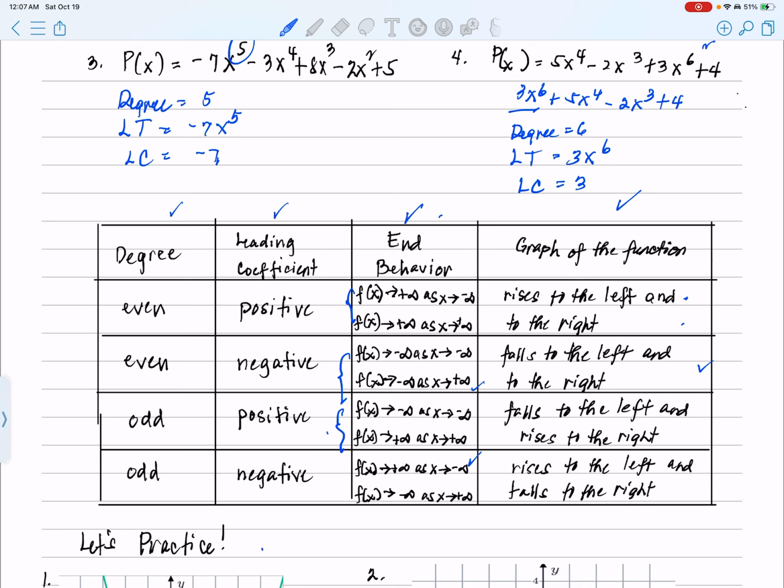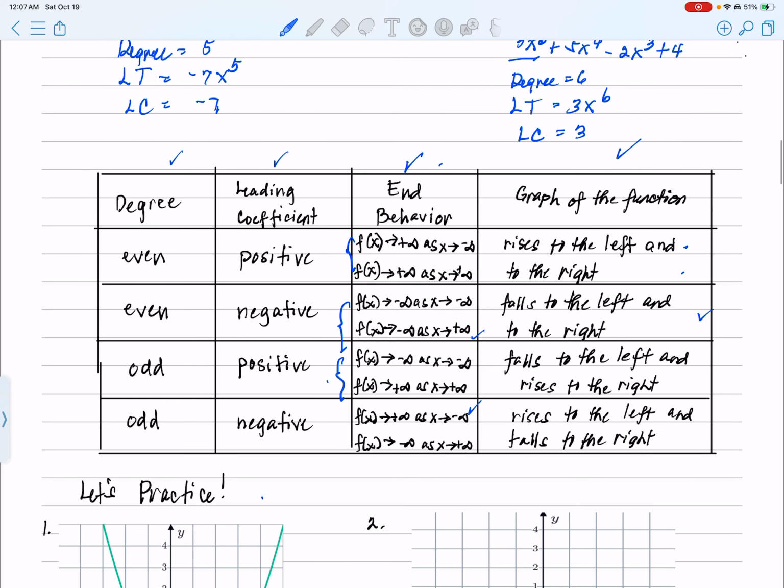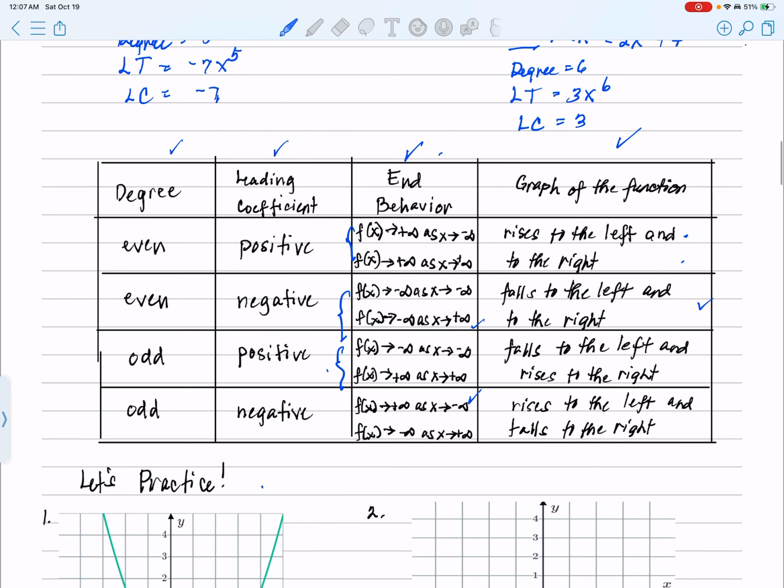The degree, whether it's even or odd, dictates whether the function's ends, that is the end behavior, go in the same or opposite directions. And the leading coefficient determines whether the function increases or decreases as the input value approaches positive or negative infinity. That is what we are going to understand in these four aspects of a polynomial function.